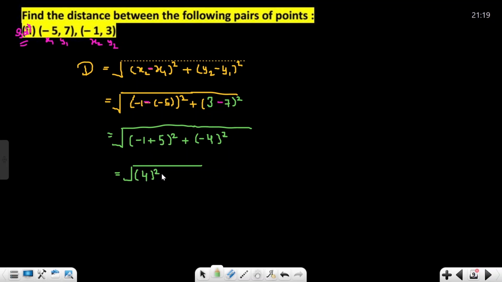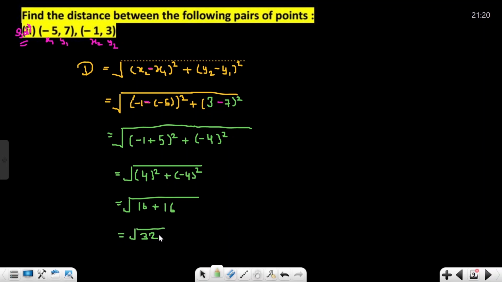Okay, so square. If you want to give the positive sign, you can, but no need. And minus 4 square. Okay, tell me the 4 square value. 4 square means 4 into 4, 16, plus minus 4 square, minus 4 into minus 4 is plus, 16. The answer is root 32.